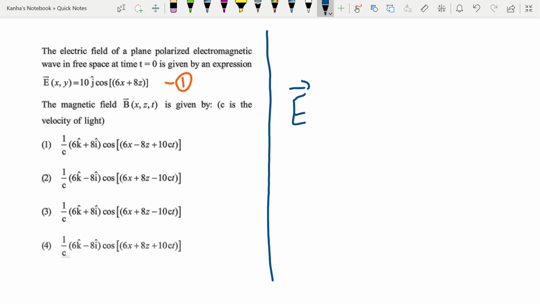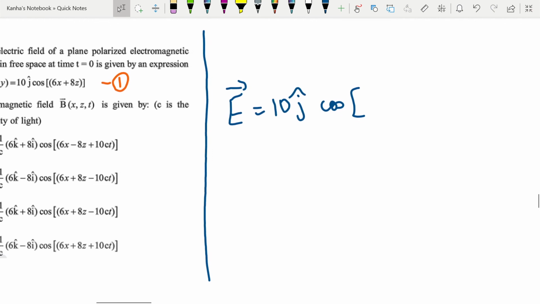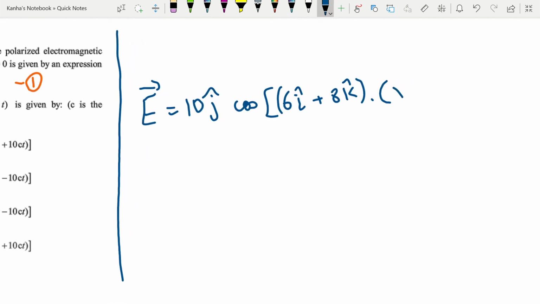So I have my electrical field is given as 10 into j cap into cos of (6x plus 8z). So this can be written as cos of (6 i cap plus 8 k cap) dot product with (x i cap plus z times k cap).